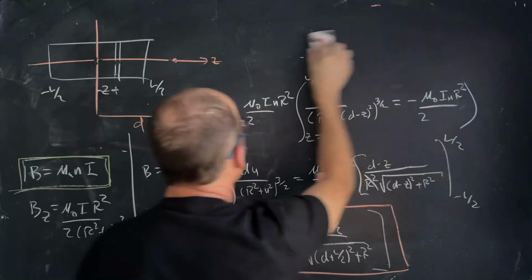If I put that in down here, I get B equals mu naught I n over 2, and then d is 0, so I get negative L over 2. And then down here, d is 0, so I have L over 2 squared plus R squared. But L is much greater than R, so it's just going to be L squared over L over 2 squared, square rooted. So I get L over 2. And then I have minus, there was a negative sign here.